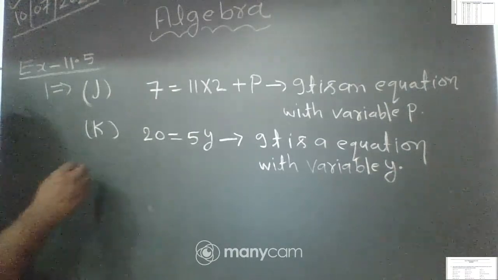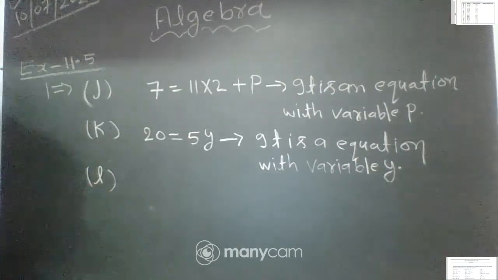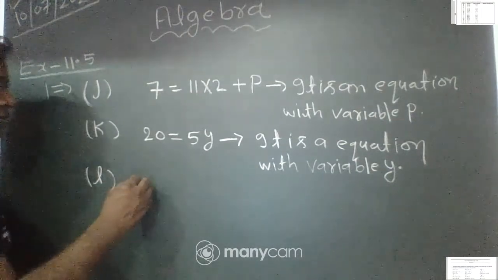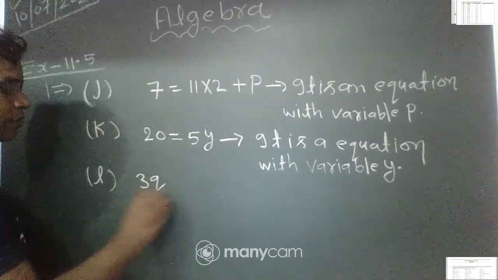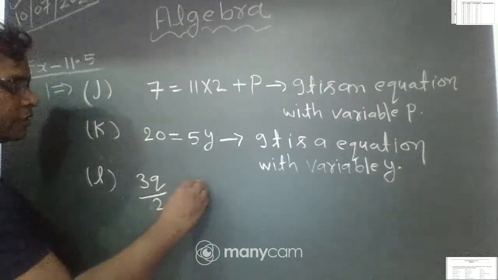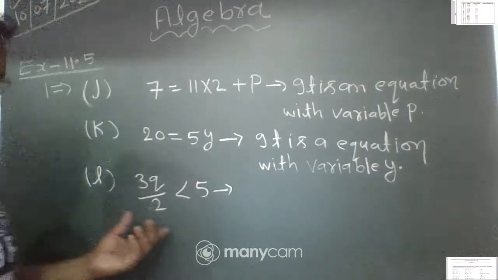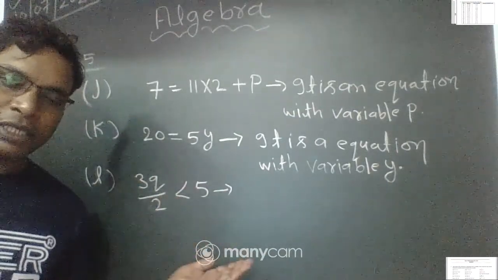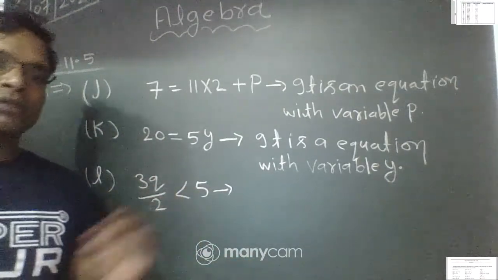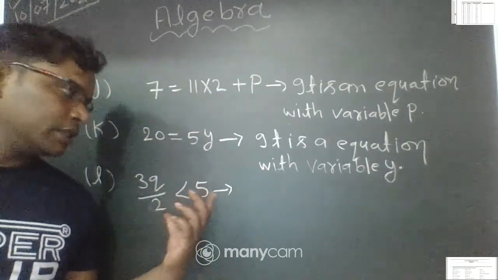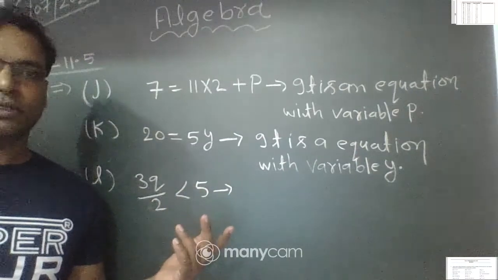This next part is L part. This is 3q by 2 less than 5. Okay. So in this way you can see here the left side is less than the right hand side. They are not equal. So if they are not equal, they are not equations.